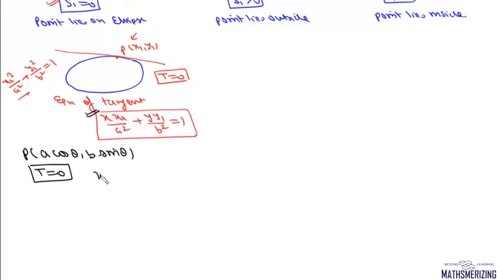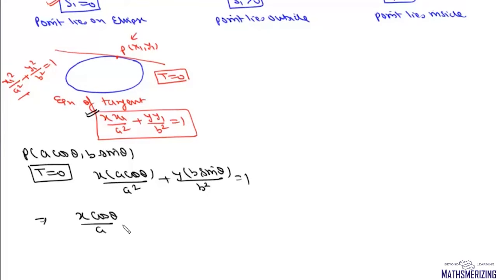We write x x1, and x1 is a cos theta upon a square plus y, and y1 is b sin theta upon b square equals to 1. So equation of tangent in terms of parametric coordinates is given by x cos theta upon a plus y sin theta upon b, and this is equal to 1.